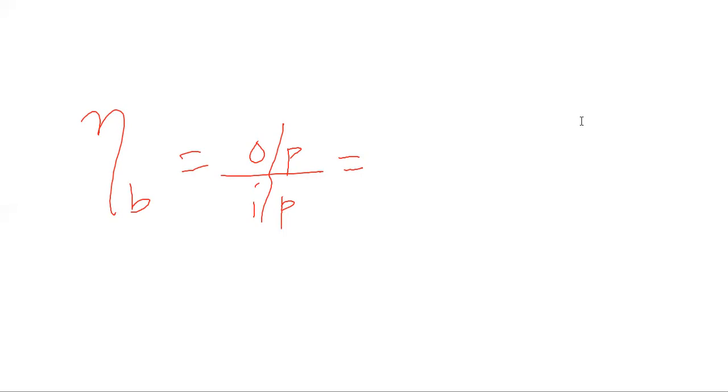So what is the output we said? Output is, we said, the steam generation rate, and mind well, steam generation rate is equal to the water consumption rate, neglecting the makeup water. m dot s into enthalpy of the steam minus enthalpy of the feed water.